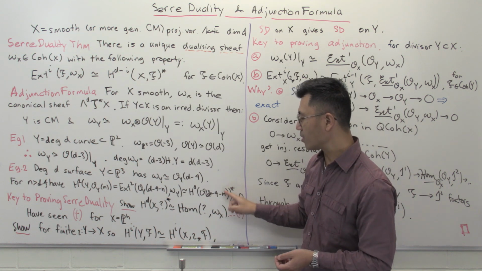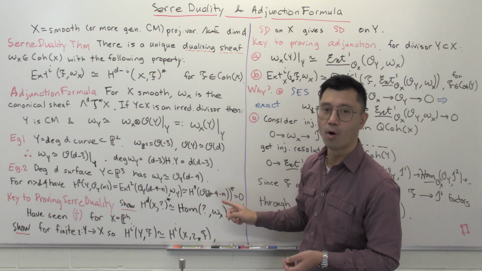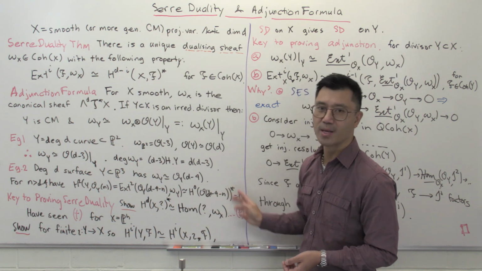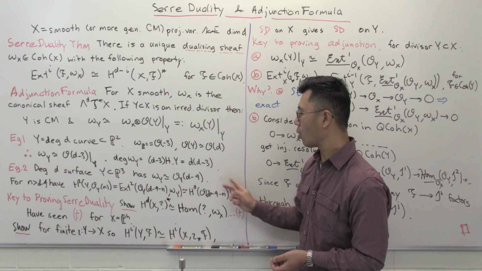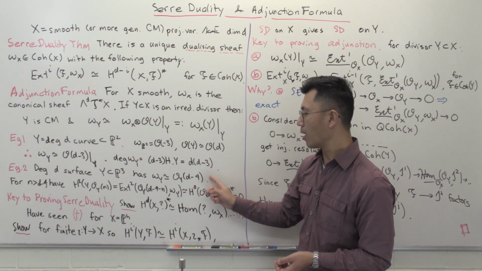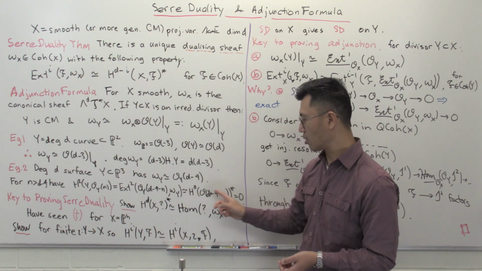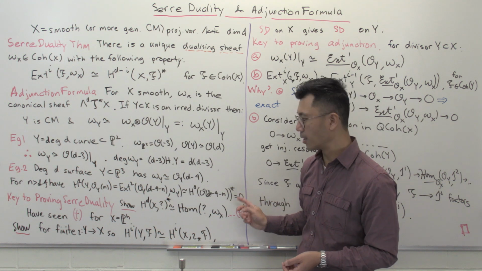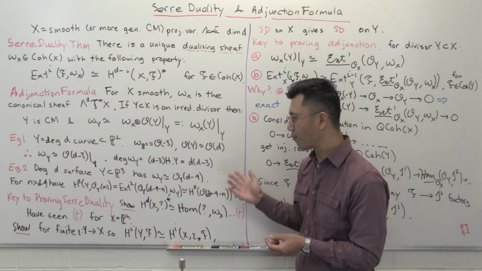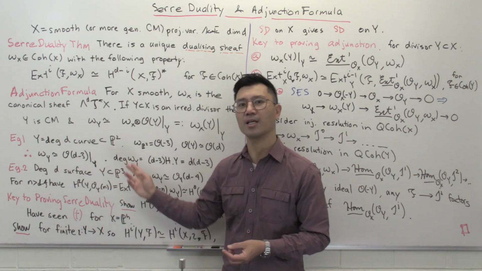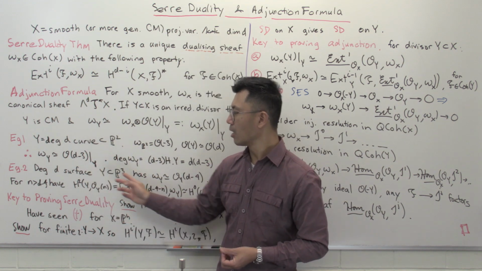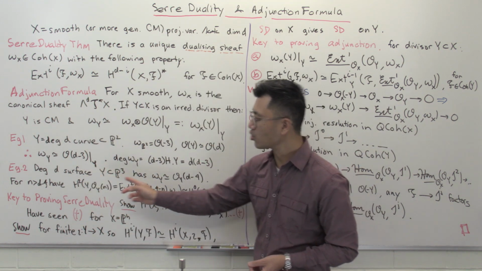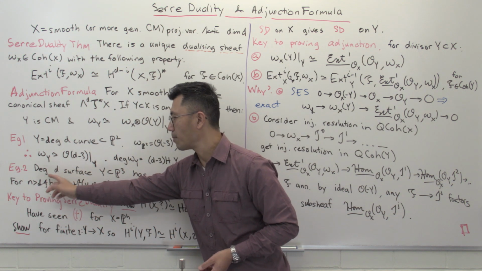And since you're subtracting n from this d minus 4, and n is bigger than d minus 4, this is going to be a negative number. And since that's a negative number, of course, the h0 of this is going to be 0. Okay, so this is a way to get an effective bound for when this actually is 0. So this is good for showing that h2 is 0 for n greater than d minus 4.